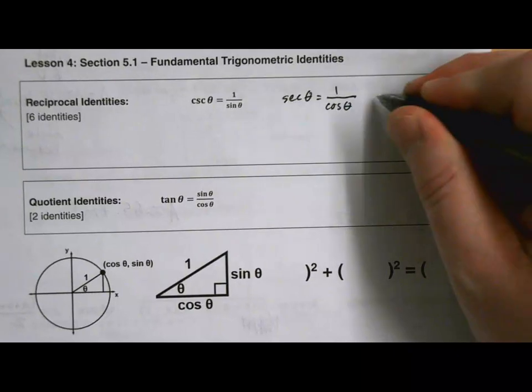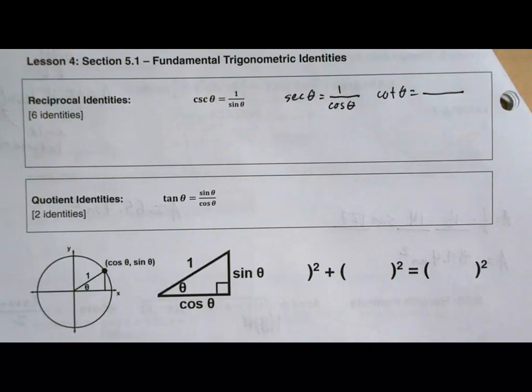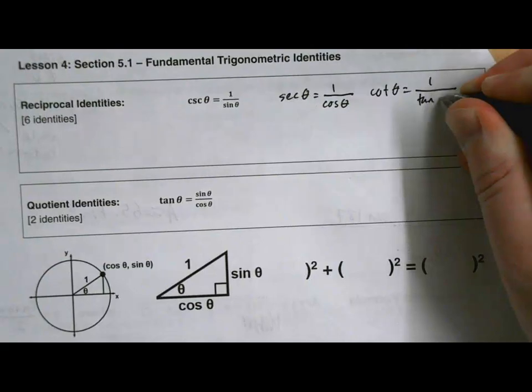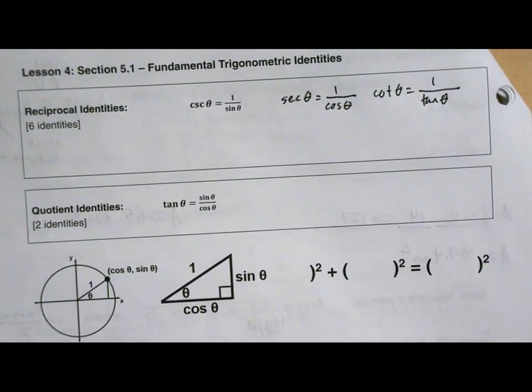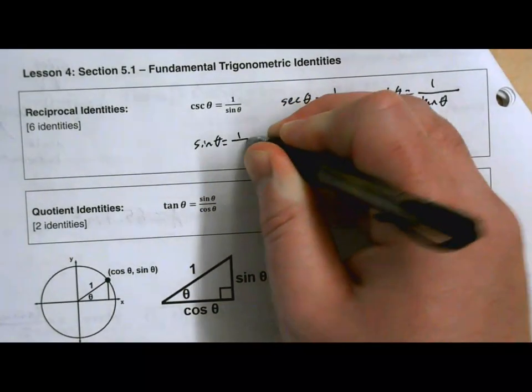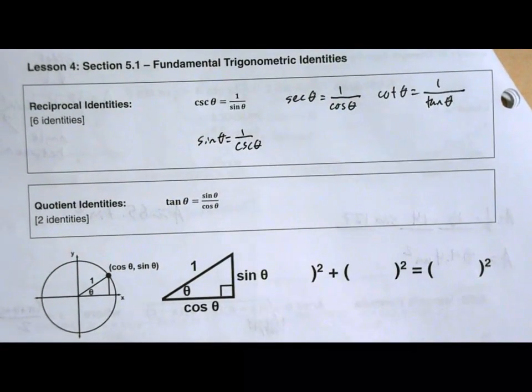And the cotangent of theta is 1 over tangent. There are 3 others. They're just reverses of these. So sine theta is the reciprocal of cosecant. And I'll let you write the other 3 down.